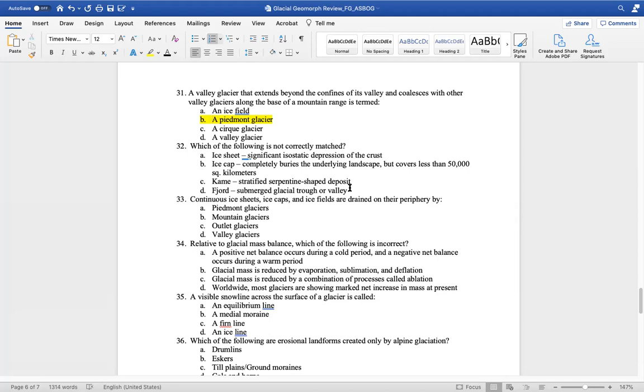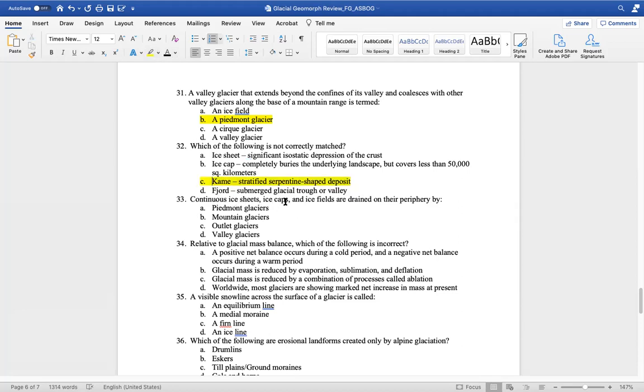A stratified serpentine-shaped deposit is an esker, whereas a kame is a conical ice-contact deposit or hill. So C is the incorrect answer in this case.